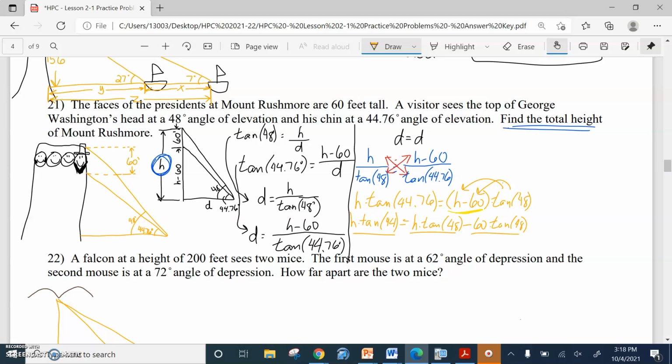What we want to do is get the h terms on the same side of the equation together and any non-h terms on the other side. So what that means is we're going to add the 60 tan 48, and we'll get rid of this, and those cancel, and we add 60 tan 48 over here. So now we have h times tangent 44.76 plus 60 tangent of 48.